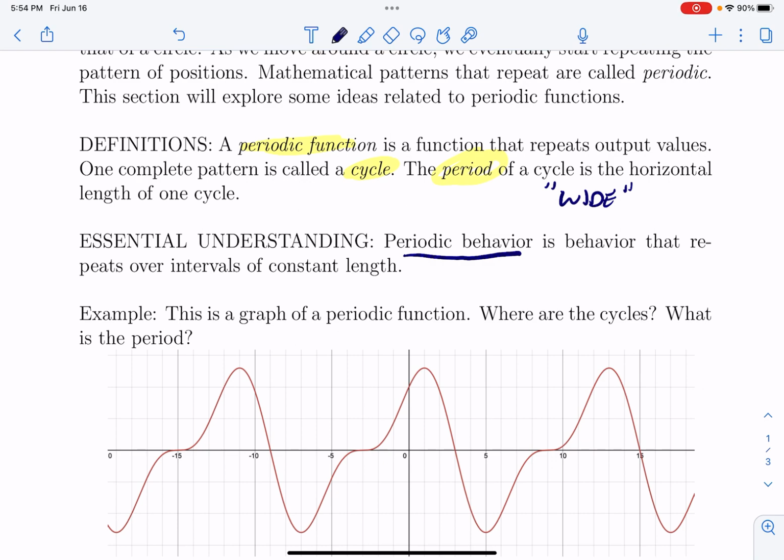Every year we go through the same pattern of school starts, go to class for a couple of months, have a break for Thanksgiving, break for winter break, etc. And every year that same pattern repeats. So we might refer to that as periodic behavior, even if we're not pinning down exactly what it is mathematically.